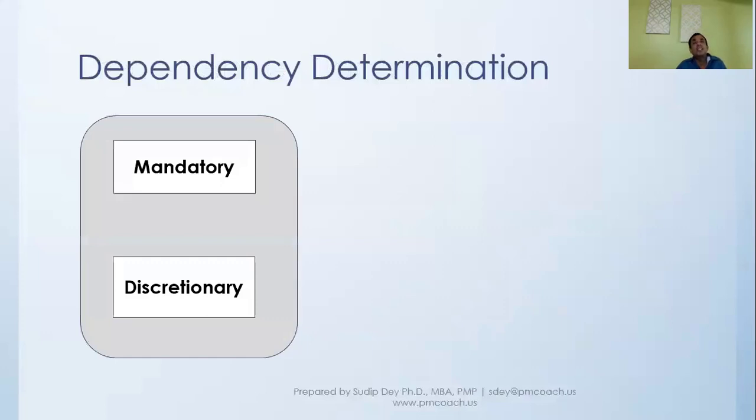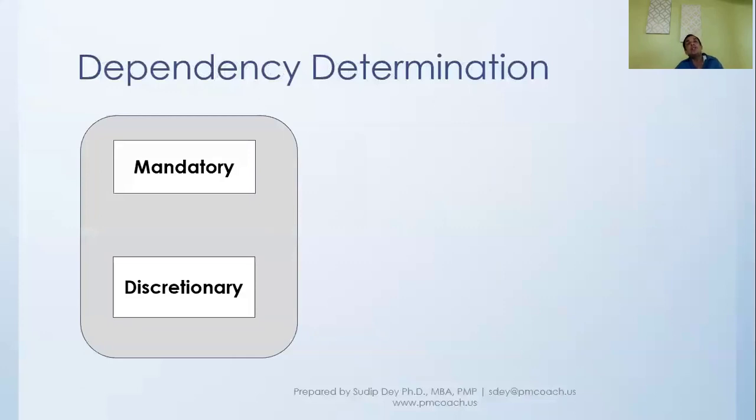In other words, they typically come out of some physical limitation or some contractual clause. Let's say you are building a house. You cannot start building the structure until you have finished the foundation. There is a dependency between building the structure and the foundation, and there's a physical limitation, and it is mandatory.